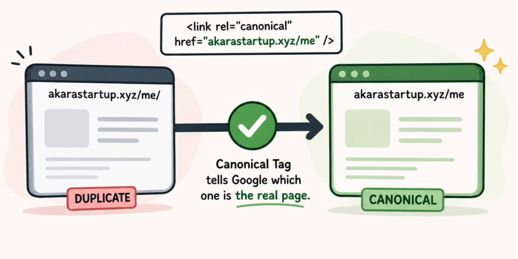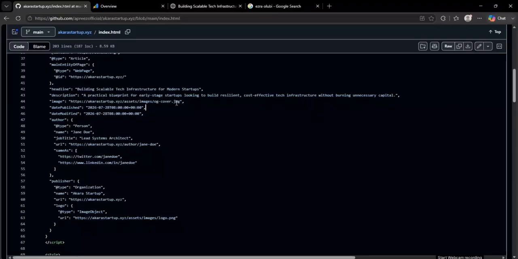The next one is the canonical tag, or better still, canonical URL. There are instances where you might have two pages that are similar or the same. In instances like this, Google won't decide by itself that it will index one and not the other.